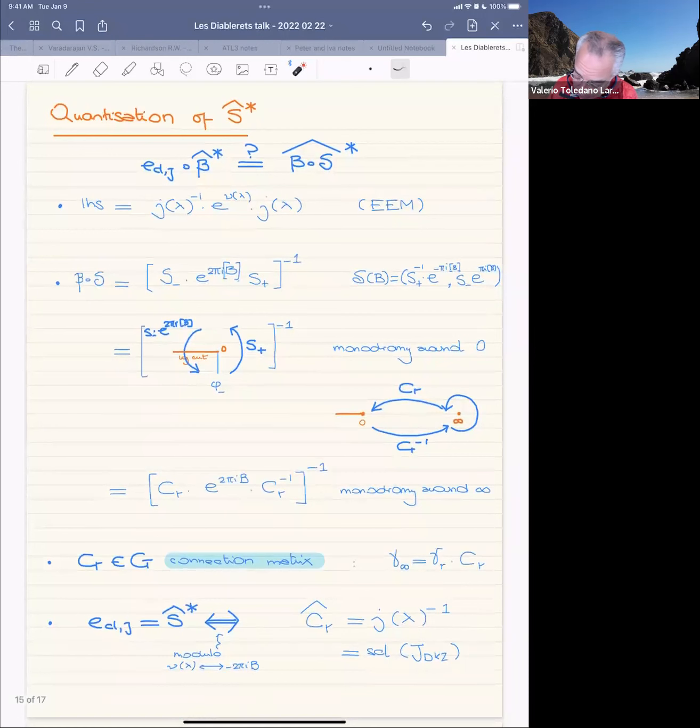So C R is the constant element of G that relates phi minus to the canonical fundamental solution at infinity.